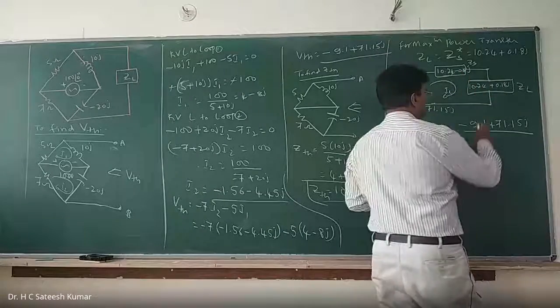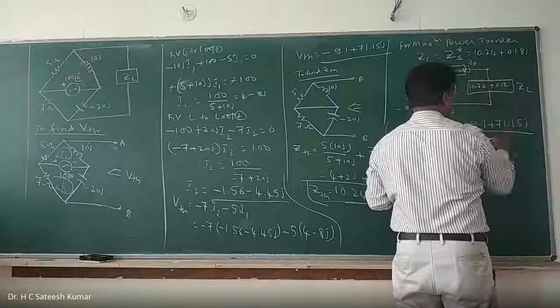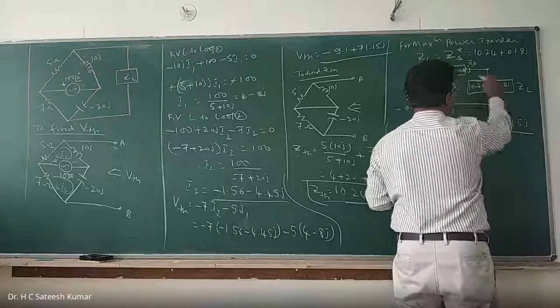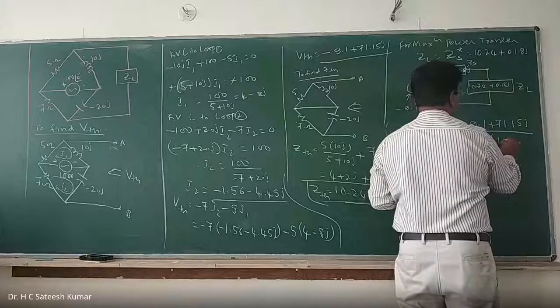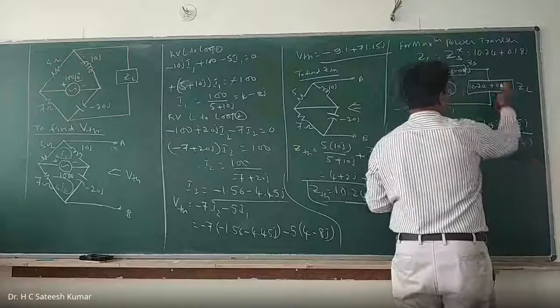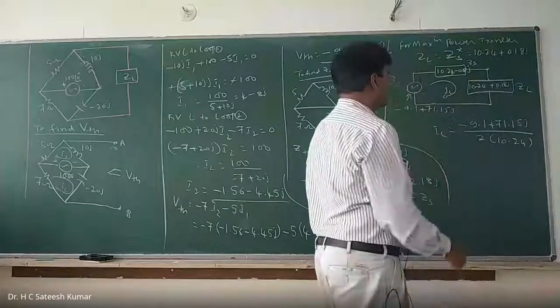Therefore, what will you get? So add these two, total resistance. If you add these two, 2 times 10.24, and this gets cancelled, right? So how much is this?